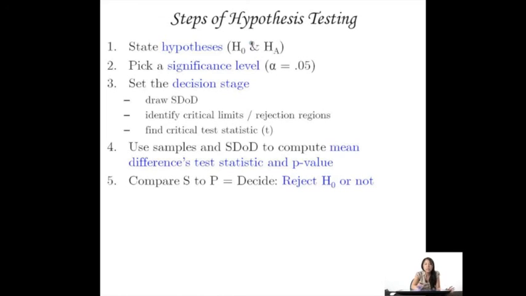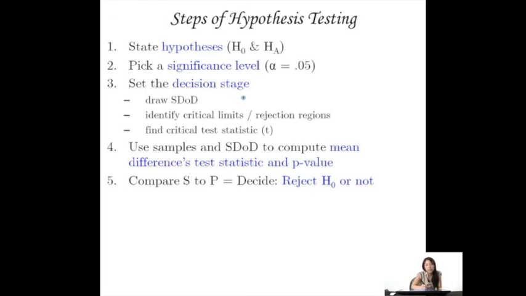So mu sub x minus y will be 0, right? You could also write it as mu sub x equals mu sub y, right? Either way. And the alternative is that they're different from each other in some way. Then we pick a significance level. How different do these two populations have to be for us to say they're different?